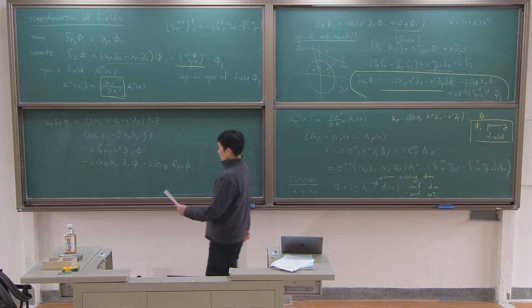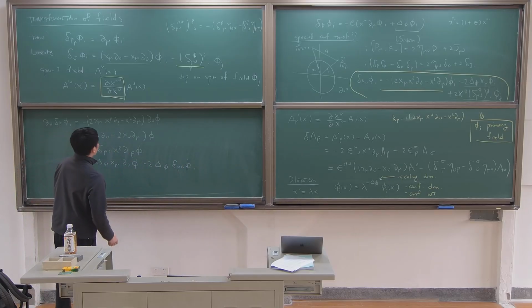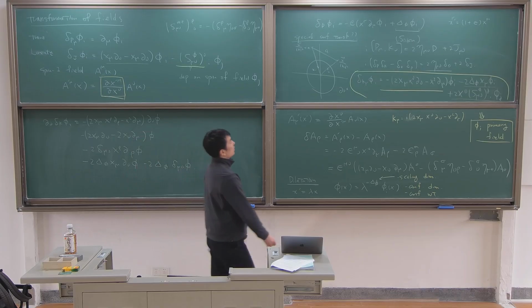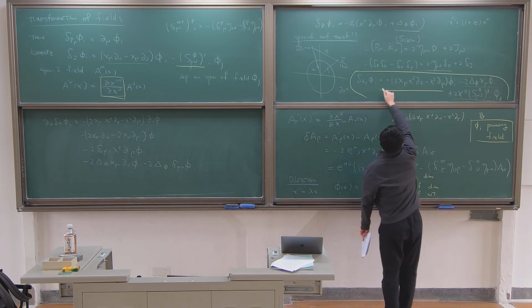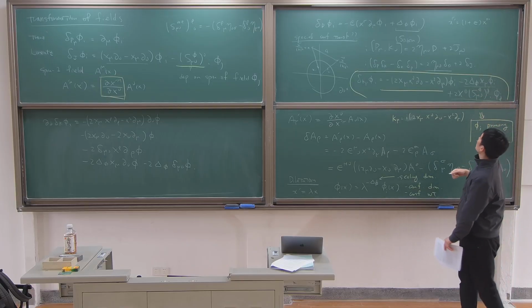In addition to that, it seems like my lecture note doesn't have this. So far we just have the derivative of this piece and this piece, and in addition to that, you need this piece.